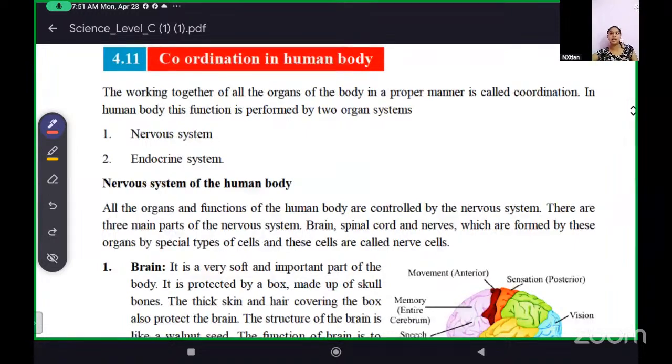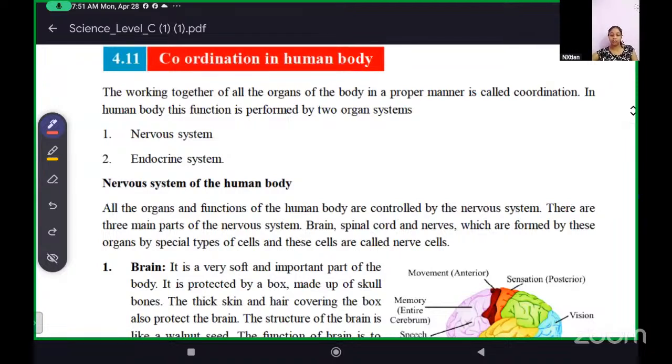That is basically coordination. So when we talk about our body, the working together of all the organs of the body in a proper manner is known as coordination.